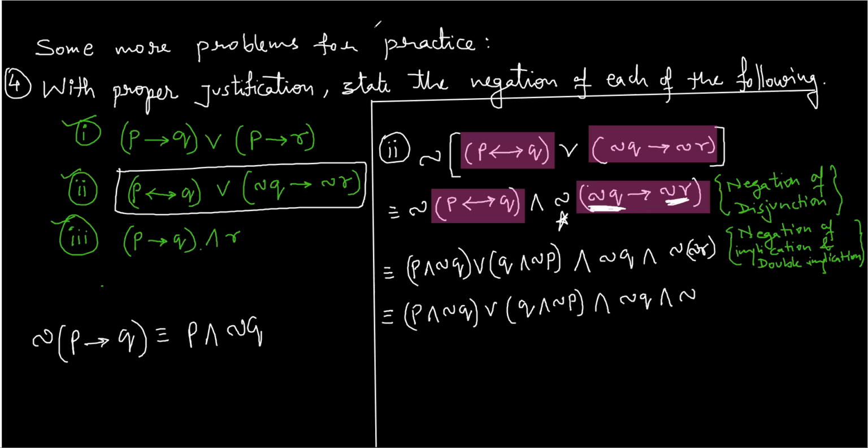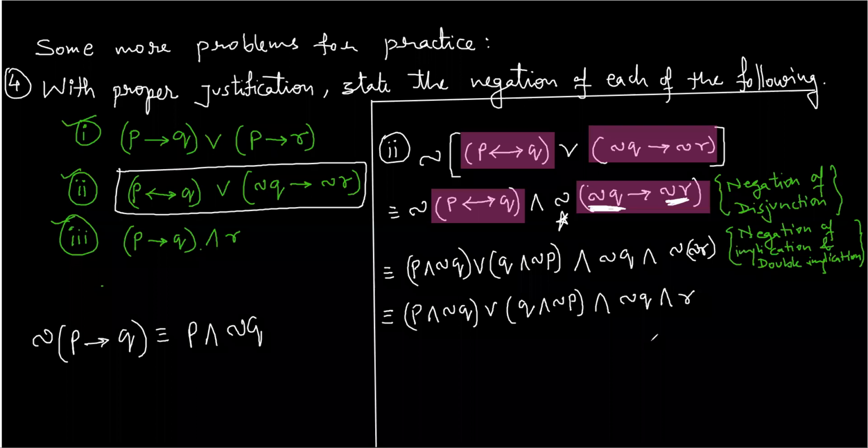Negation of negation R will be R. As I had explained, negation of P implies Q is P and not Q. So negation of this, negation Q implies negation R, will be negation Q and not of negation R. So not of negation R is what? R. So this is the final answer that we have here.